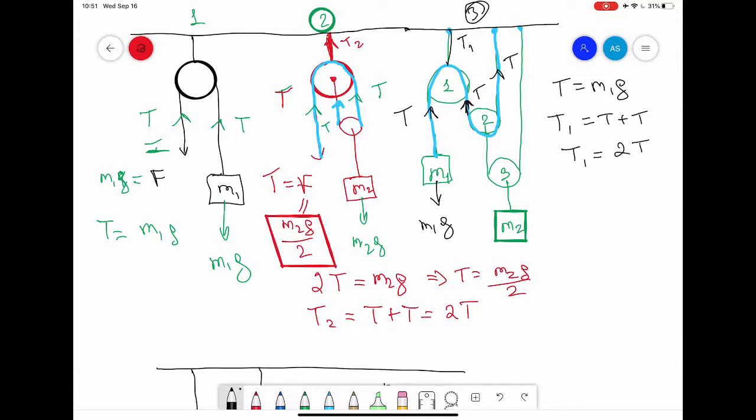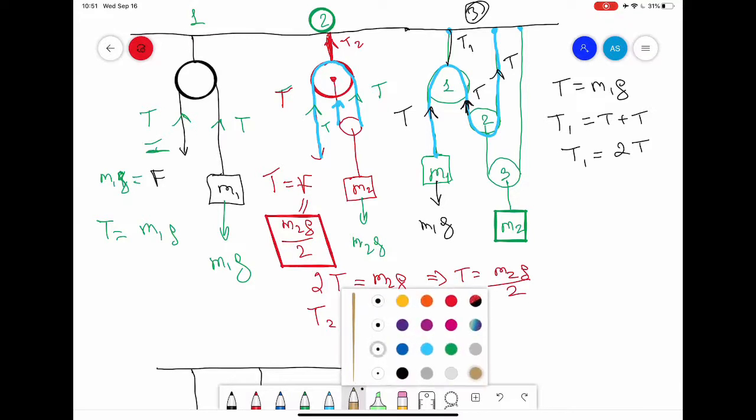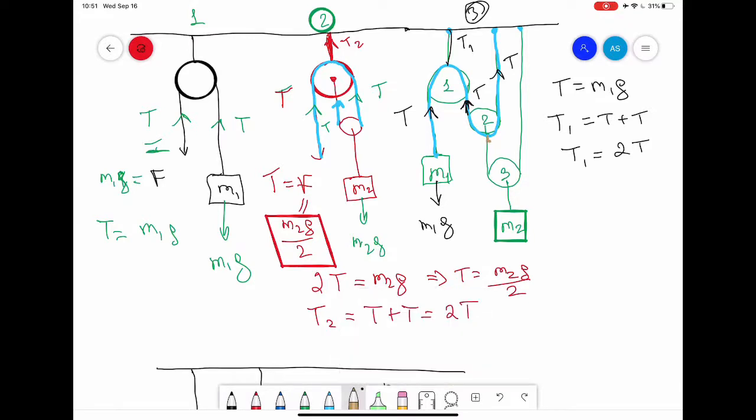Okay, now what about the other one? For the mass 3, we have this rope, correct? First of all, let's say this is tension 2. That means this will also be tension 2, correct? If that's the case, we can say that M2G is equal to 2 tension 2, correct?